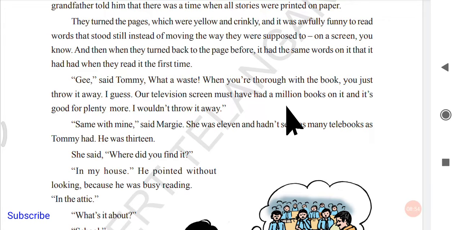Okay, so Tommy started speaking. Tommy might be a boy here. Tommy said, what a waste this book is. I don't like it, because when you complete reading this book, it is not useful anymore. You are just going to throw it away. You don't need this book anymore. But what about our computers and laptops?